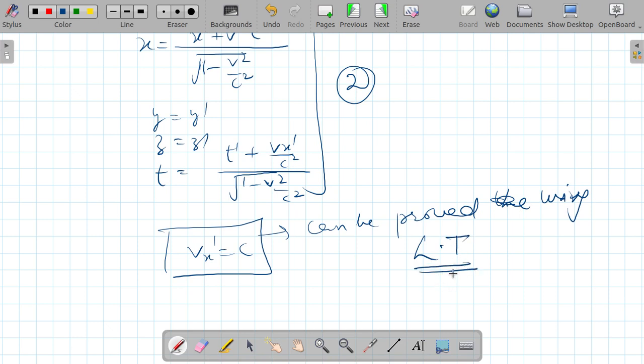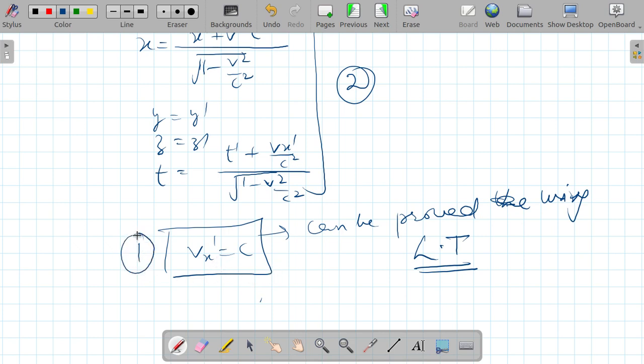And this is the main advantage, that we are able to prove that velocity of light will remain constant irrespective of the motion of the various frames. Right? So that means speed of light remains constant in all frame of reference under Lorentz transformation. So this is the one thing which we are getting.